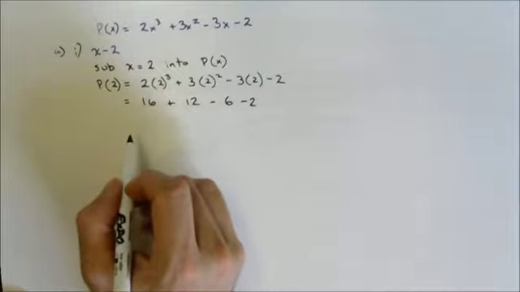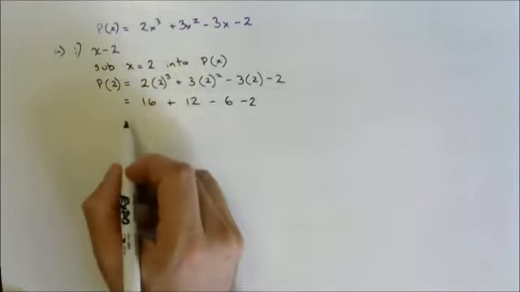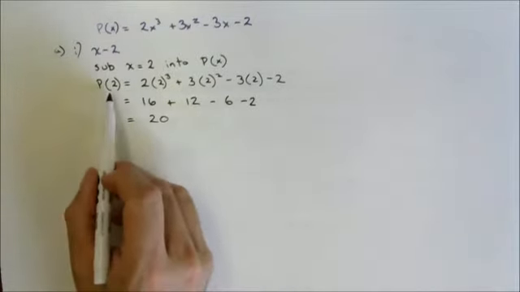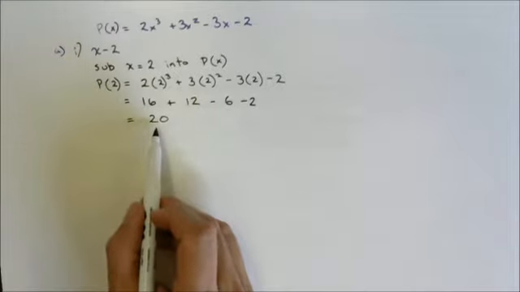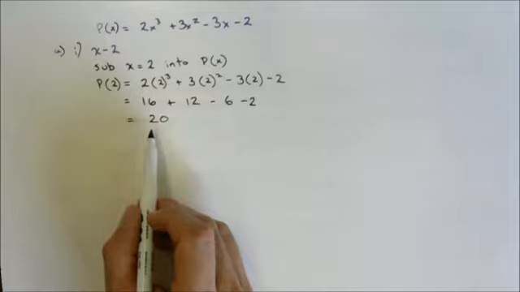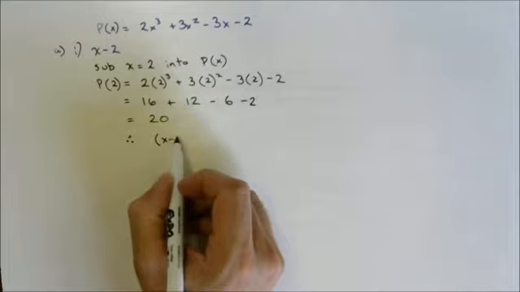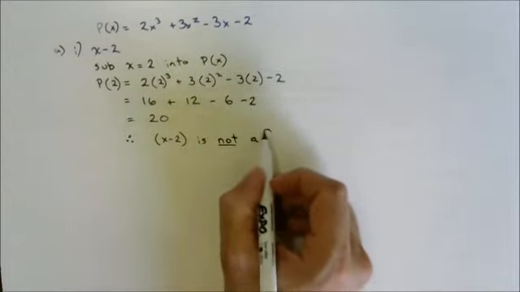So now I have 28 minus 8, that's 20. The value of the function when x equals 2 is 20. So it's not a root, not a 0, not an x-intercept. Therefore, x minus 2 is not a factor.